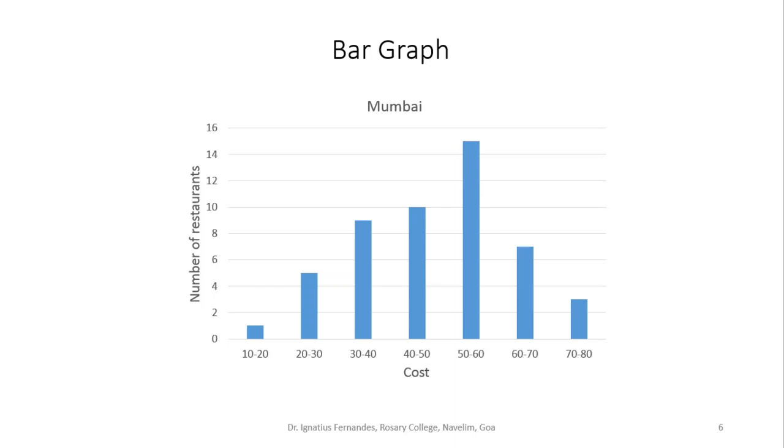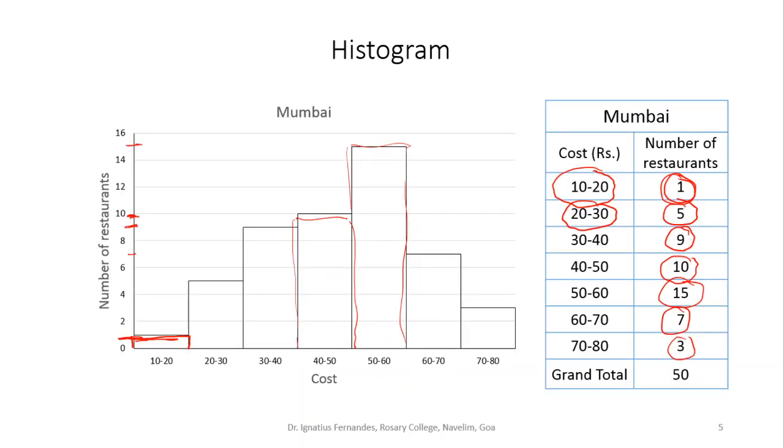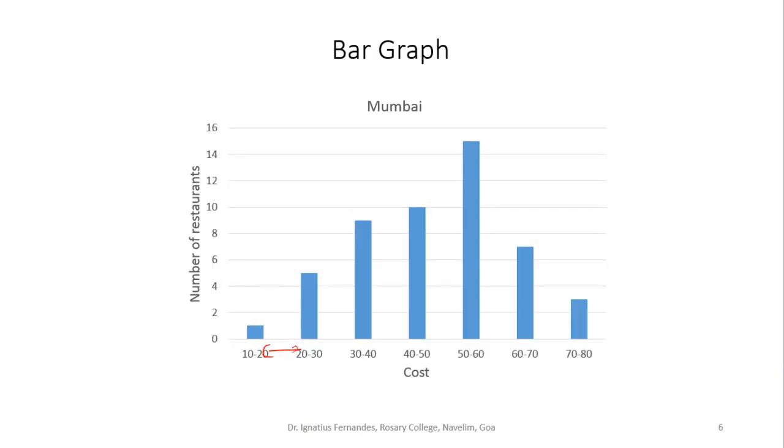Now the only difference is there is a spacing between these bars. Like in histogram there was no spacing. These bars were touching each other. In bar graph, we draw exactly similar bars, except that there is a fixed spacing between these bars.